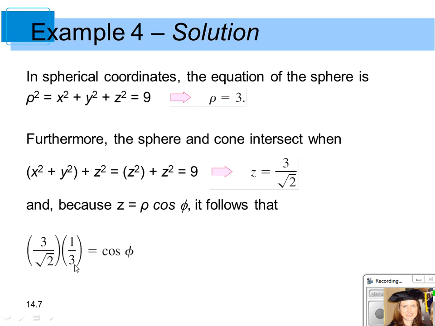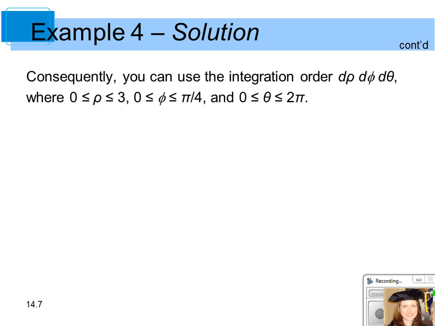This can be simplified. Divide out the 3 and get 1 over square root of 2, and if you rationalize that, you get square root of 2 over 2. So that means your angle phi is pi over 4. So phi is going to go from the positive z-axis at an angle of 0 out to where the cone intersects the sphere at pi over 4.